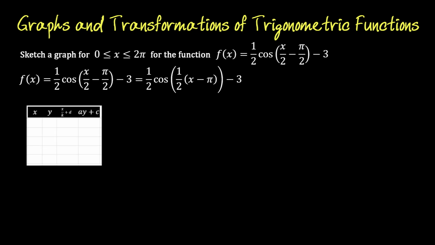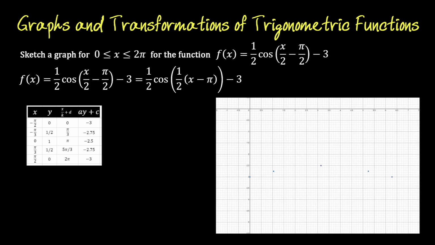Create a table of the graph points of the parent function and the points to which they were transformed. Plot the key points of the transformed function and draw smooth curves through them.